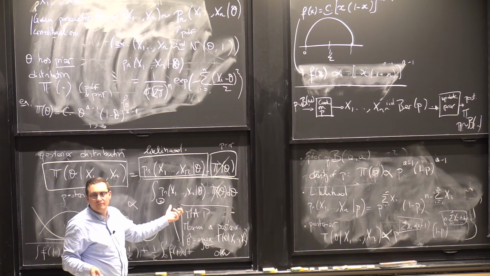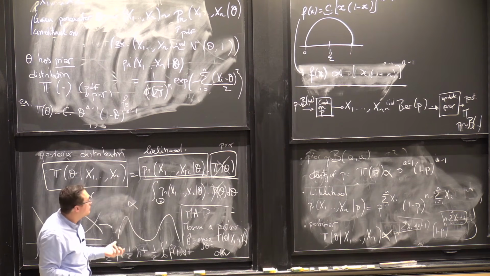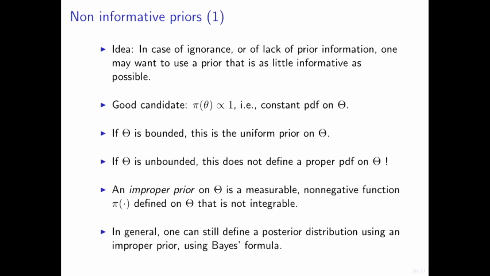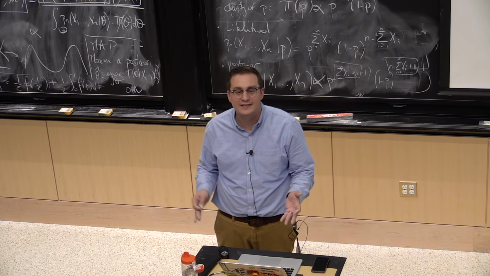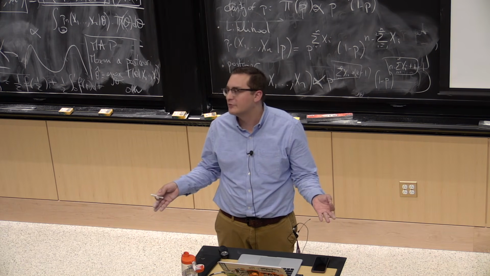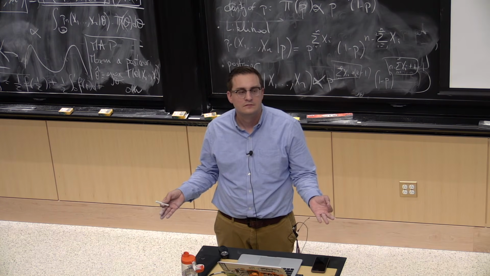And this is what's called an improper prior. An improper prior is just a non-negative function defined on theta, but it does not have to integrate to 1, nor to anything. It does not have to, right? If I integrate the function equal to 1 on the entire real line, what do I get?